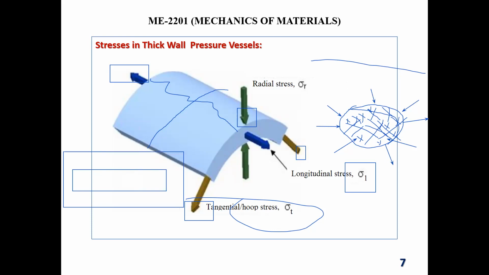Inside there might be a very low pressure fluid flowing along this direction, but outside might be a high pressure fluid going along this direction. So this fluid pressure also works over here. So it depends. It doesn't mean that your pressure vessel has pressure only inside. There might be pressure outside too.